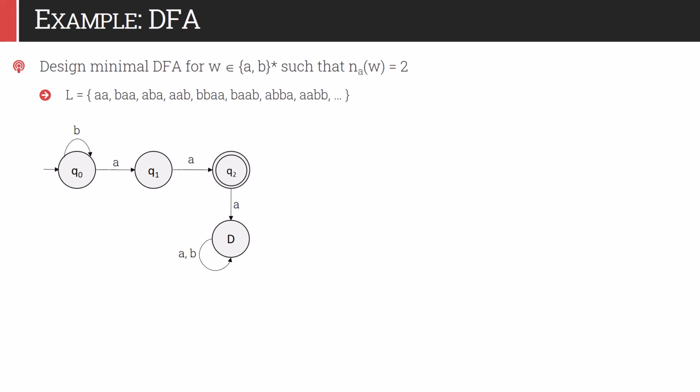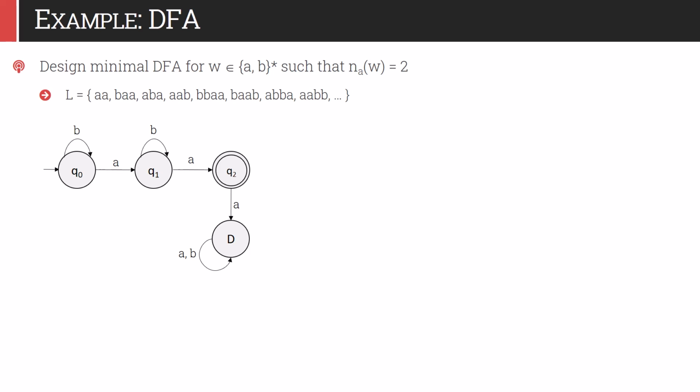If we read any number of B's from Q0, then also to go to the final state, we must read 2 A's. So all these strings will be valid. aa is valid, baa is valid, bbaa, bbbaa, bbbbaa, any number of B's followed by aa is valid. Clear? So this self loop is valid. So let's keep it as a self loop.